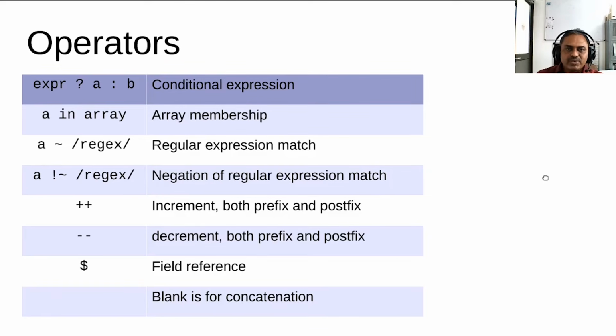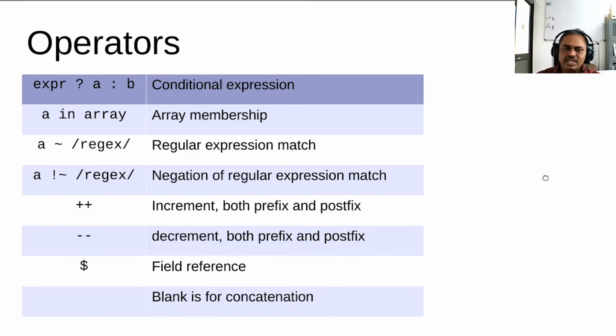The availability of any element in an array can also be tested. So it will be tested against the indices of the array, and you could do a comparison to do a regular expression match. You could also negate that particular regular expression match. You also have the unary operators for arithmetic, such as plus plus for the increment and minus minus for decrement. You could use it both as a prefix as well as postfix. So you could have plus plus a or a plus plus, and they both will work.